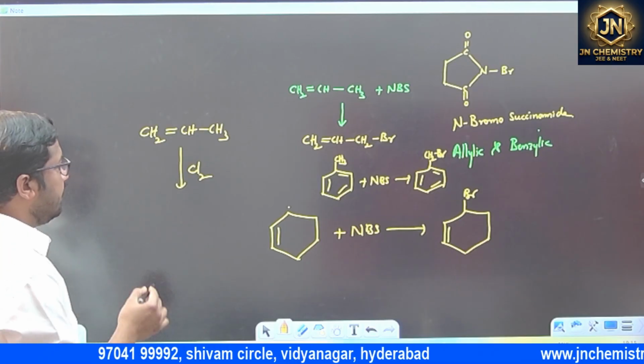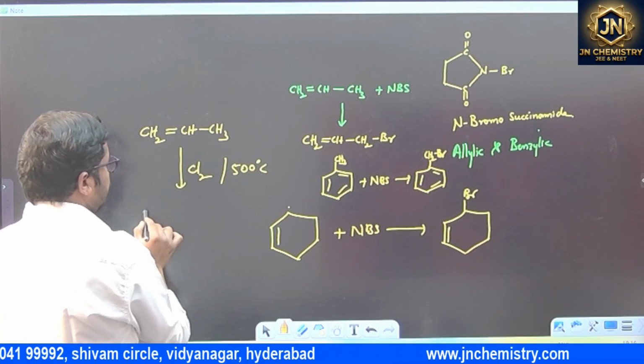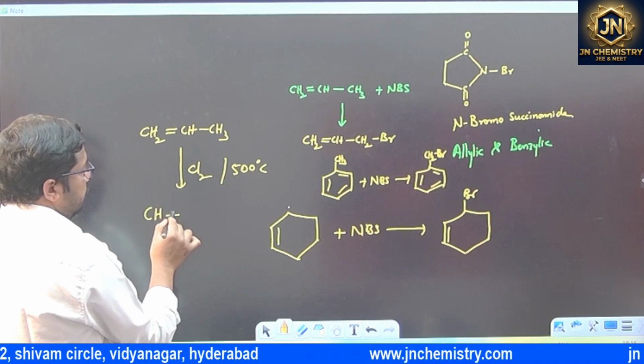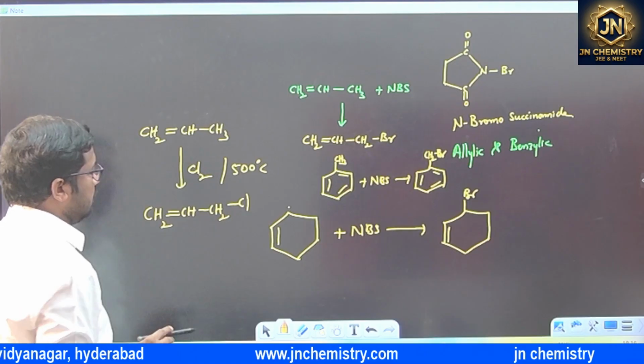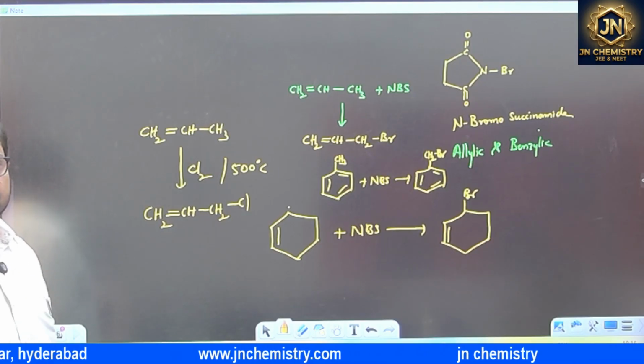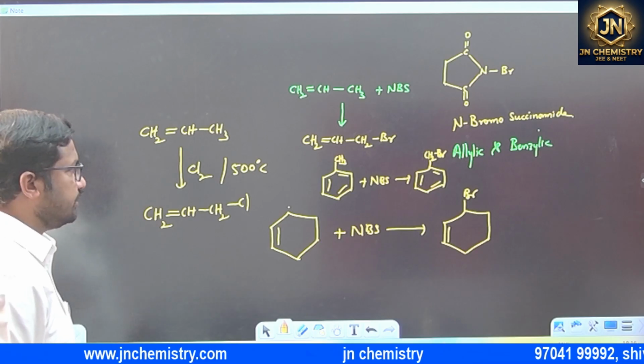Generally we use 500 degrees centigrade. At the allylic position you get CH2Cl. Come on, write it out. At the allylic position, chlorine also we can substitute.